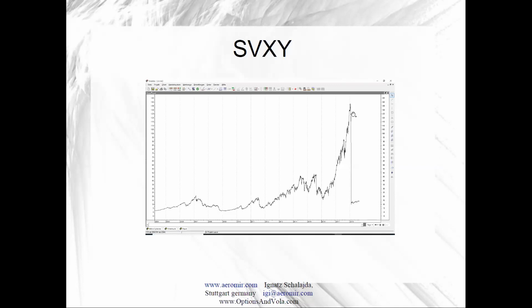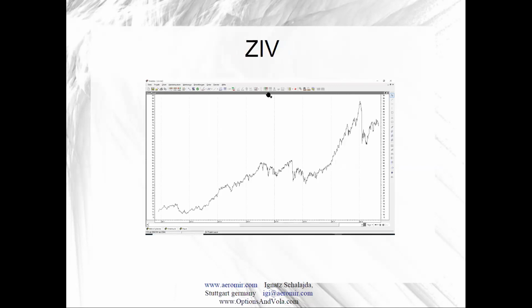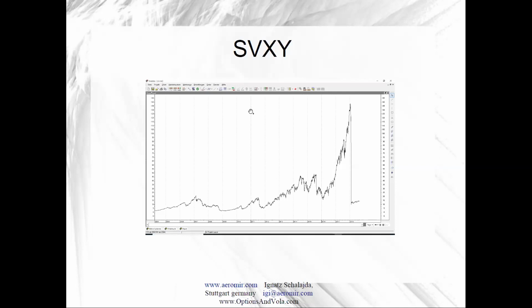But here there is the acceleration event. I will not talk about the acceleration event in detail, because this can be in another seminar, but not today. And this is the ZIV. This is the midterm, and as you can see here, the drop down is much smoother than in the SVXY.